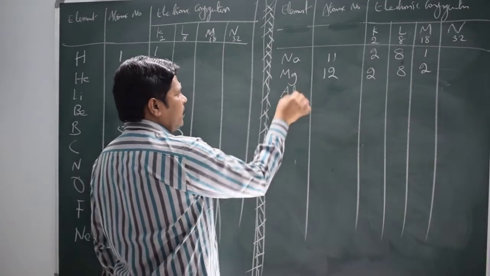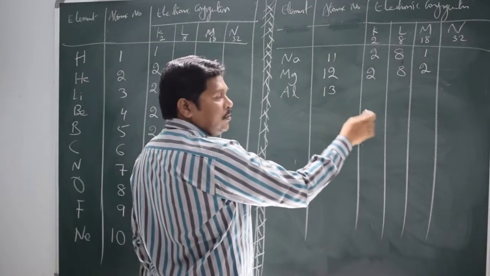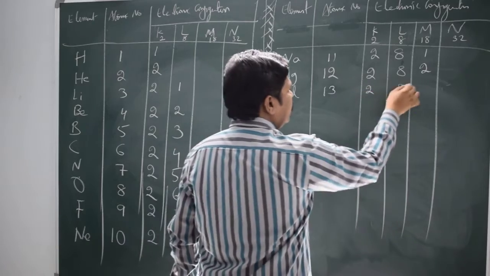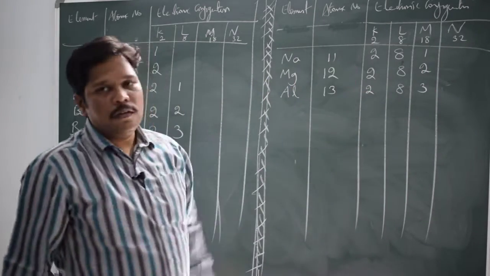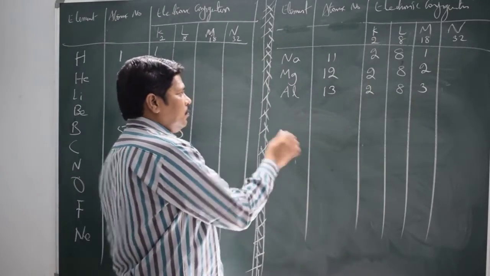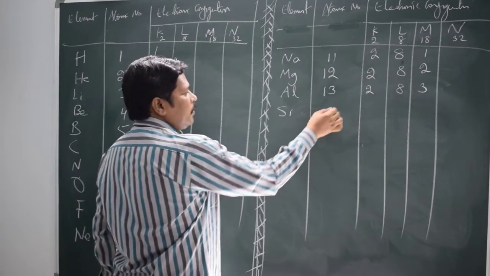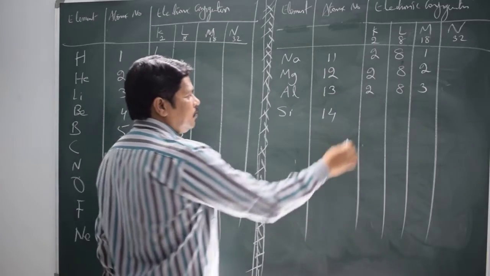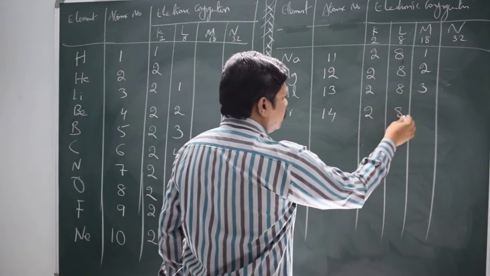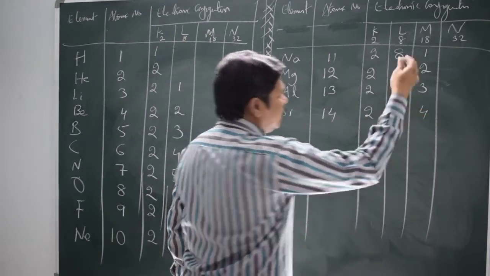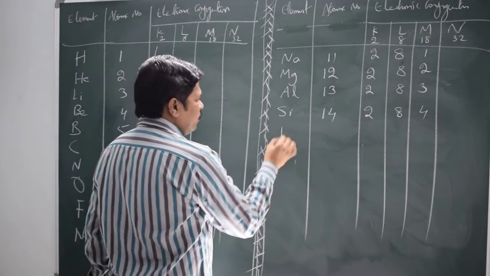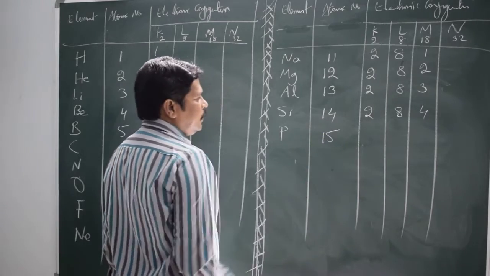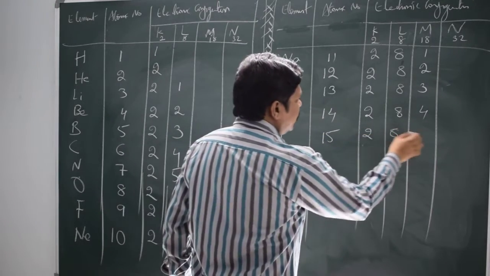Then we have aluminium, atomic number 13. So 2, 8 and the third electron will enter into the M shell. Now we'll go for the 14th one, silicon, atomic number 14. Then we have 2, 8, so 10 electrons are filled. Then the last 4 electrons will go into the M shell. Then we have the 15th one, phosphorus, 15: 2, 8, 5.